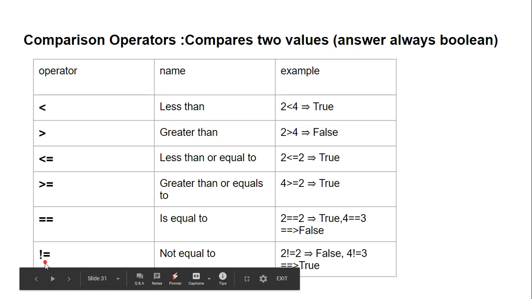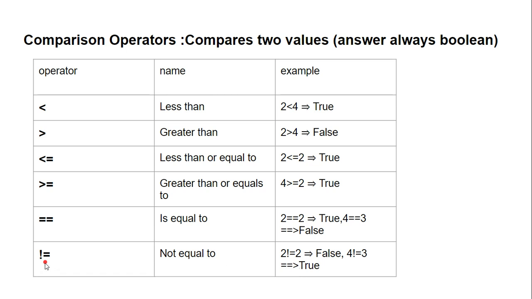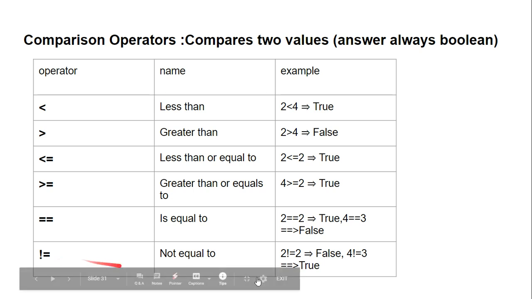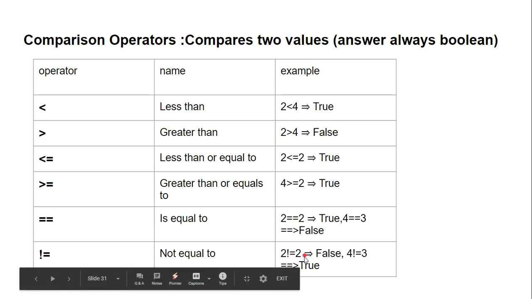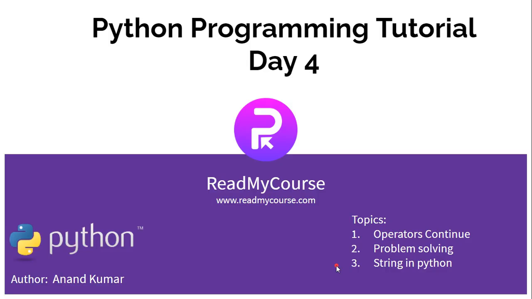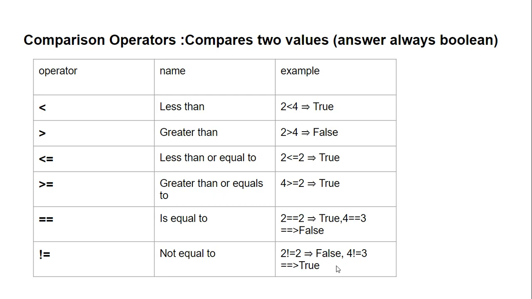If you write 2 not equal to 2, the answer will be false, because you are checking that 2 is not equal to 2. Similarly, if you write 4 not equal to 3, it will give you true. So comparison operators are really very simple. You can practice on this.